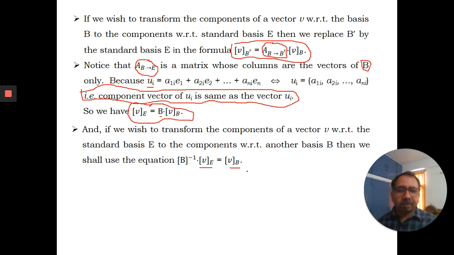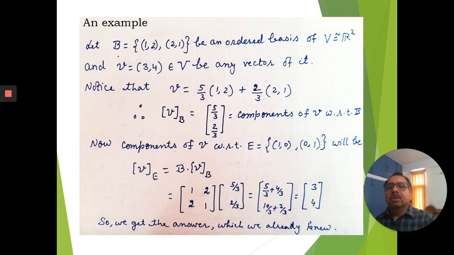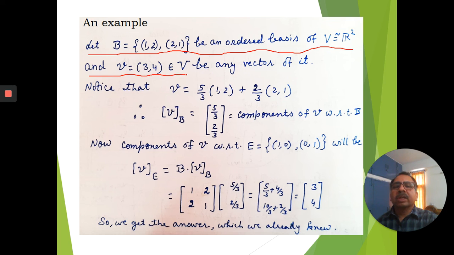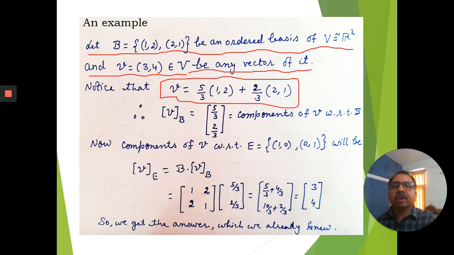So let's see now an example. Let B be this basis for the vector space R2 and V belongs to R2 be any vector. Notice that this vector V has a representation with respect to basis B as V is equal to 5 by 3 into this basis vector, say V1, plus 2 by 3 into another basis vector V2.